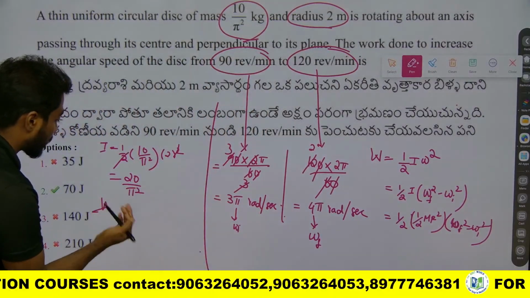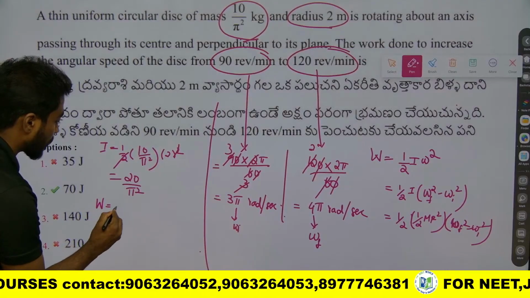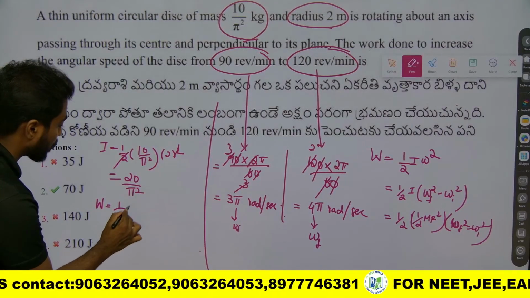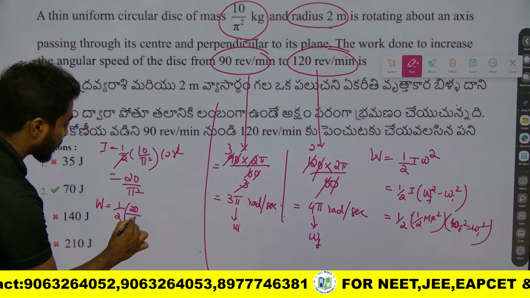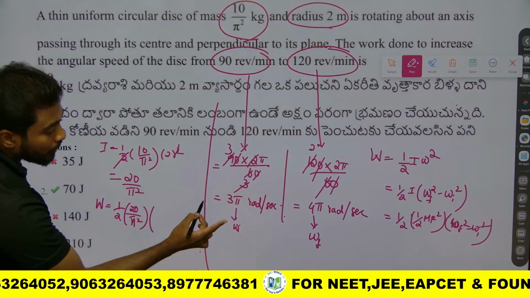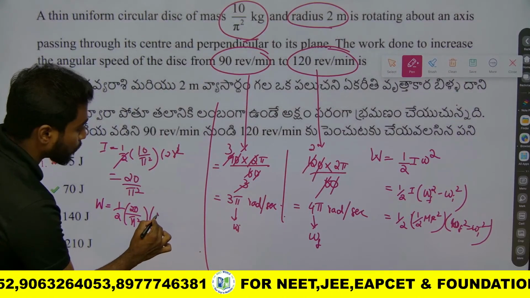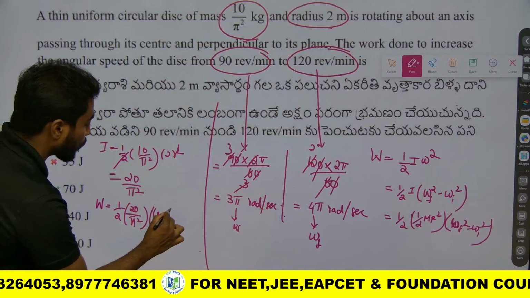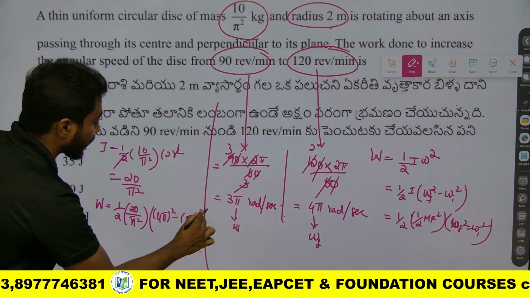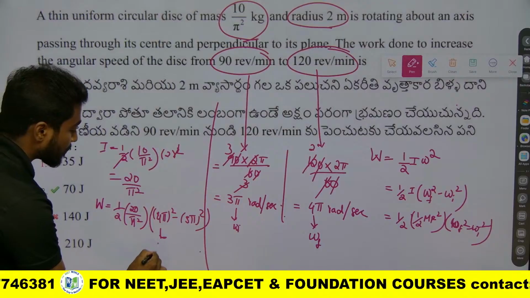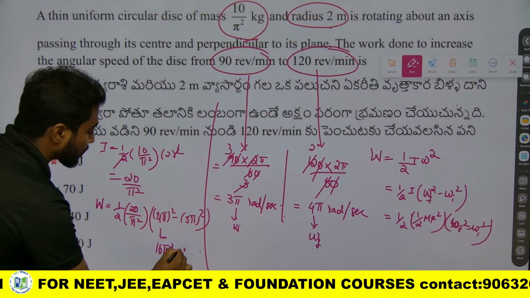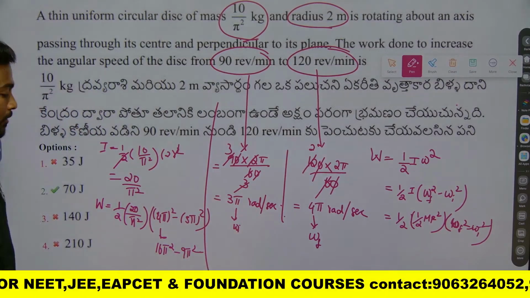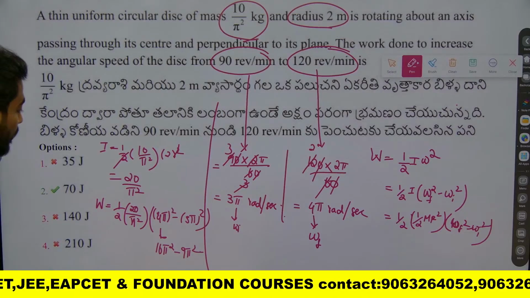So W is equal to half into 20 by pi square into 4 pi the whole square minus 3 pi the whole square, which is 16 pi square minus 9 pi square, right?